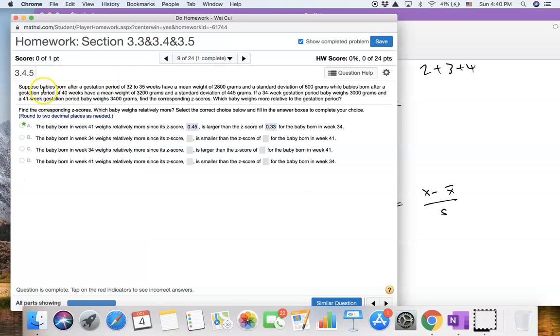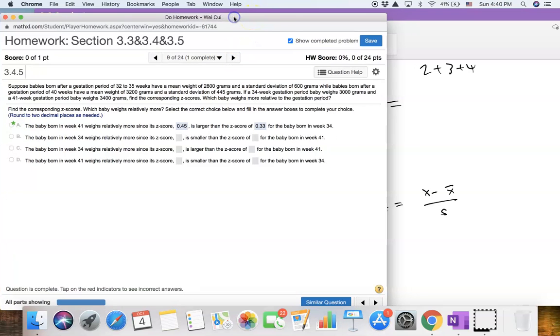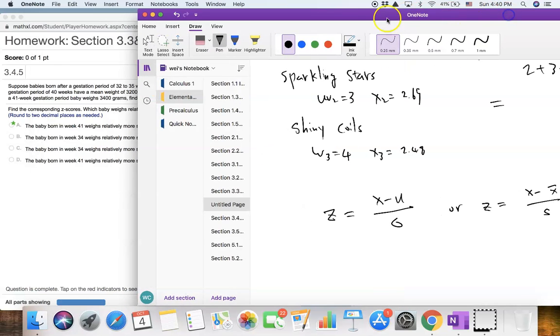So the problem says, suppose babies born after a gestation period of 32 to 35 weeks have a mean weight of 2,800 grams and a standard deviation of 600 grams.